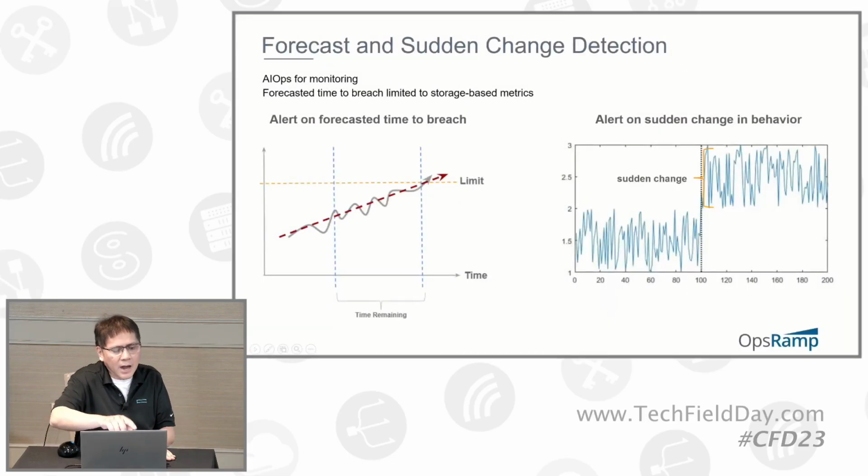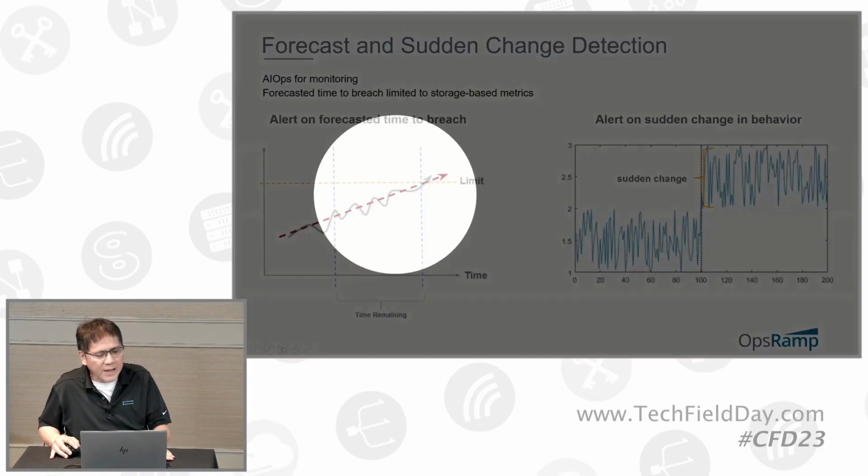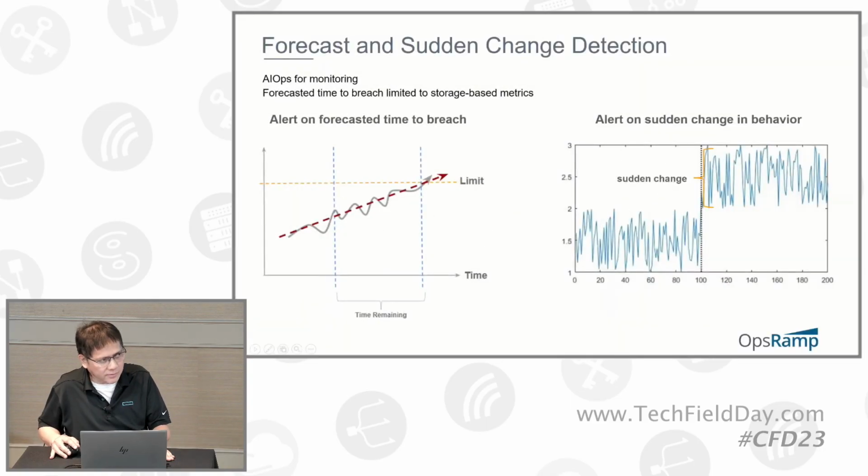I can say I want to know when this metric hits 80%, so let me know in 1 month when it reaches 80%, or let me know in 2 weeks when it reaches 90%, for example. That's analytics at the metric level. We're going to try to apply more analytics at the metric level. Right now we do time to breach and sudden change in behavior.